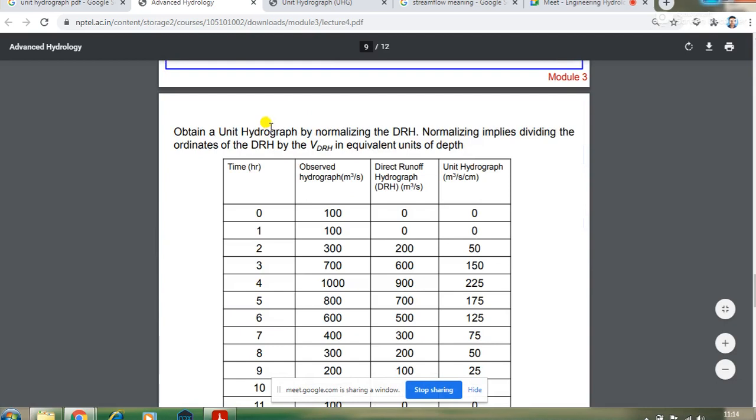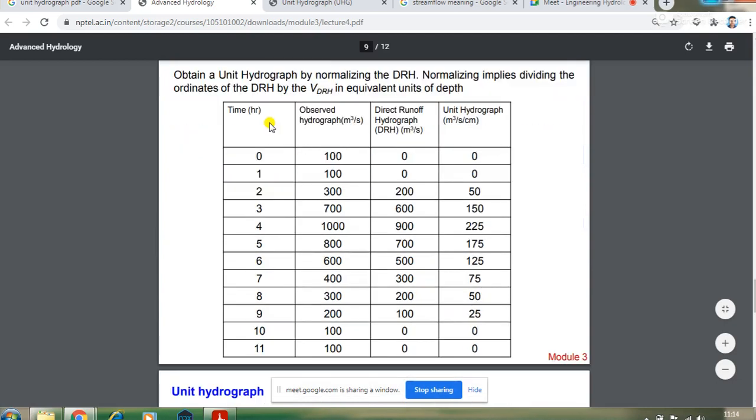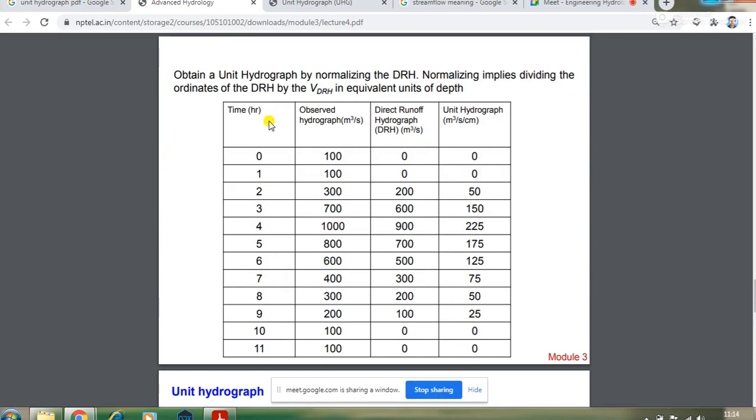Now from there you need to find the unit hydrograph. The unit hydrograph is prepared in this way. You can see the table. It is actually the direct runoff hydrograph divided by the depth of the excess rainfall.